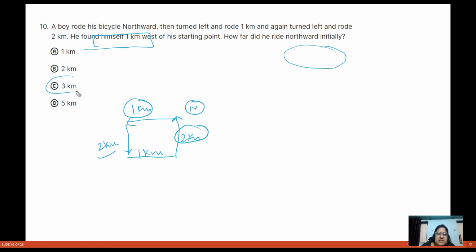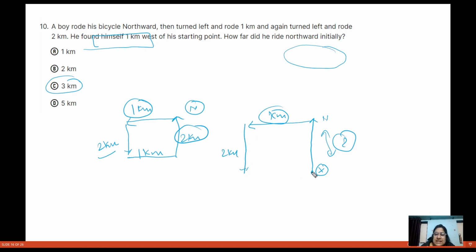It's a no-brainer. This is 2 kilometer because the boy started from some point X. He rode towards the north, and this distance was not given to us. Then he turned left and rode 1 kilometer, and then he rode 2 kilometer turning left again.